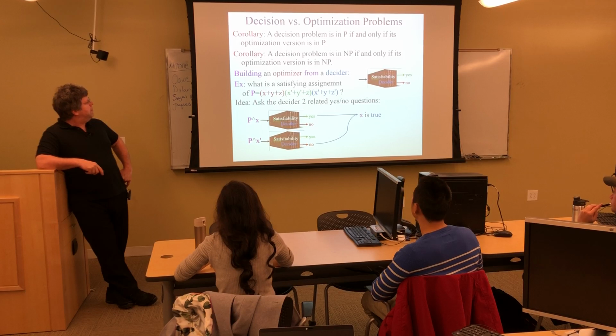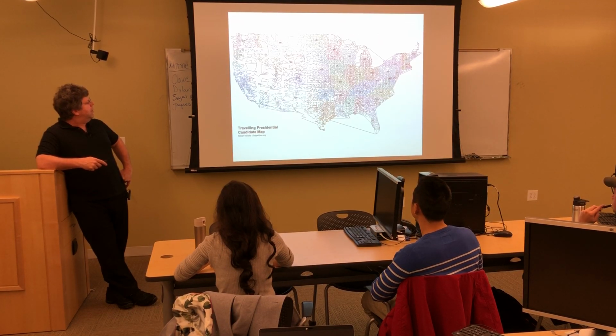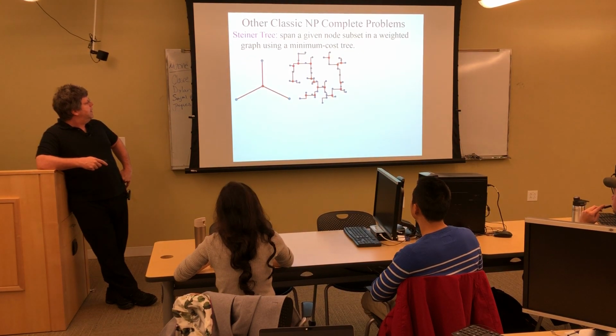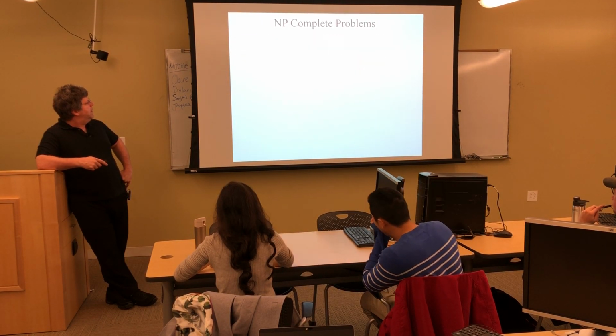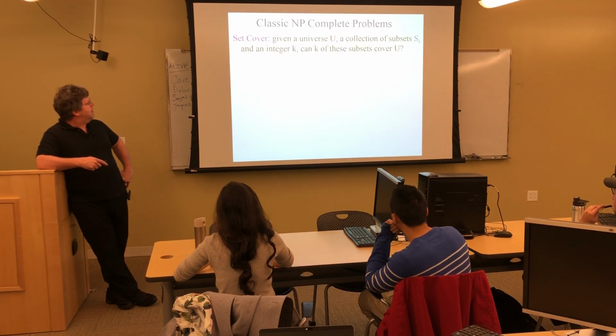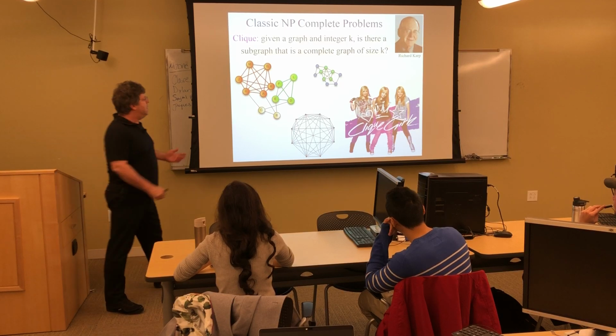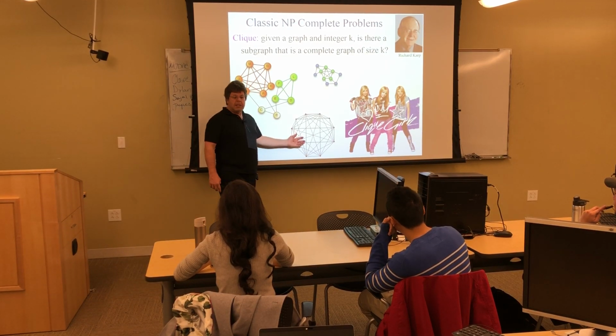Some slides ago, when I talked about cliques, I gave a graph, where we started from, right there. So this graph here, if I say, is there a clique of size 4 here? Not so obvious, because I didn't paint it for you.